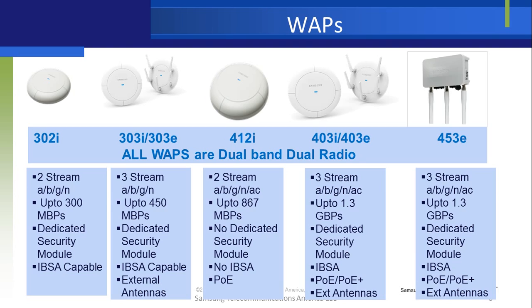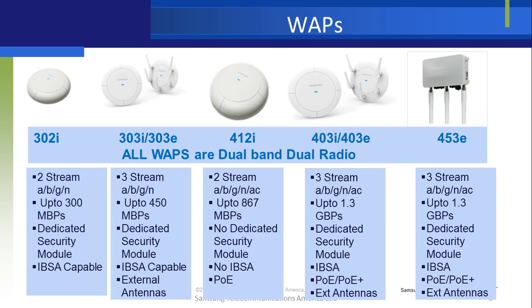The next in the lineup is our high-end 403i, which is what we sell to most of the enterprises. This competes with the Cisco 3700 series. Again, you have a three-stream access point. It's a gigabit capable access point, so if you have a three-stream device, you should be able to realize pretty good speeds.